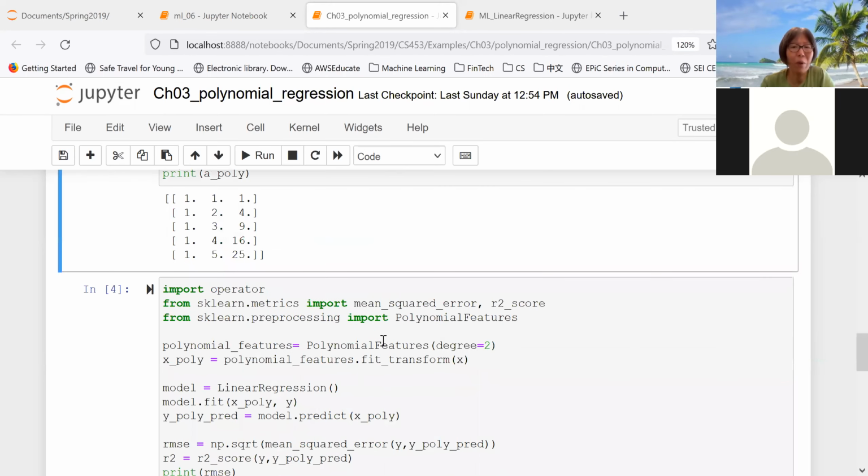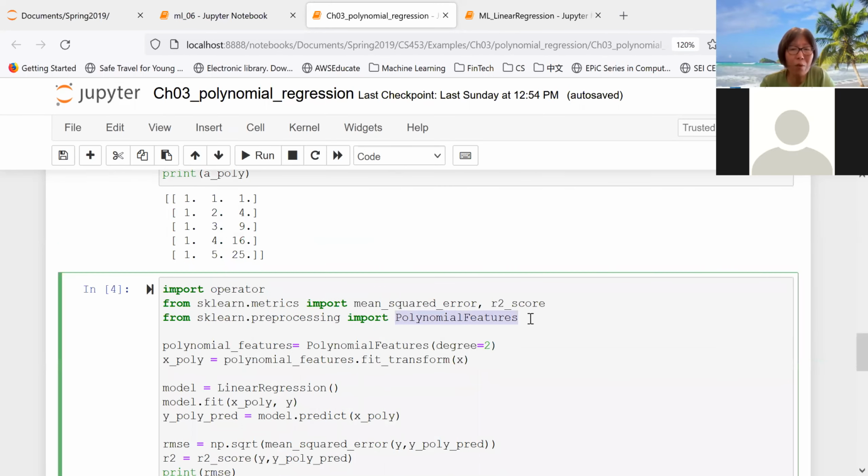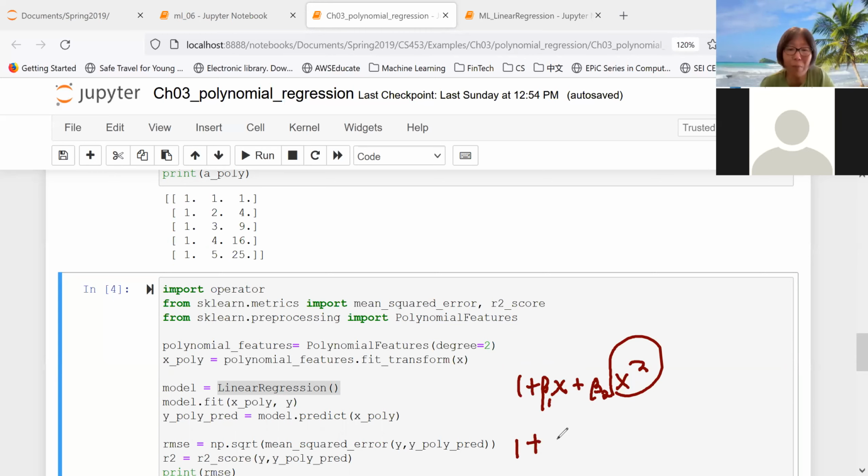So that is the example discussing polynomial. After you apply the polynomial, you can continue, and in this case it's still linear regression. We still consider it linear regression because it's beta 1 x1 plus beta 2 x2, where you treat x squared as a new feature.